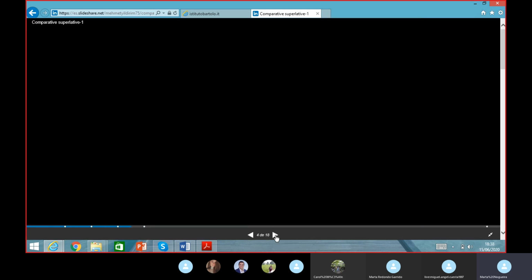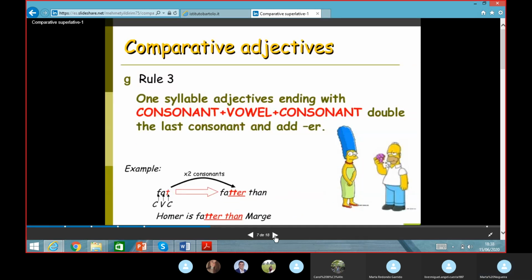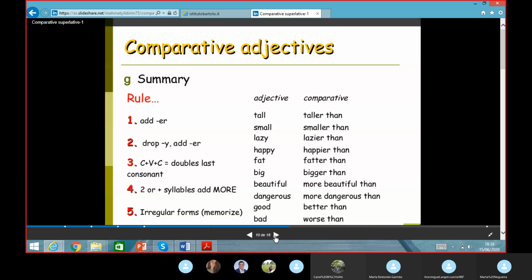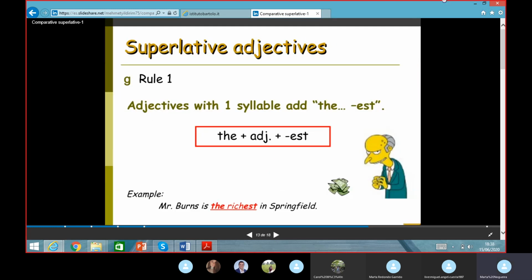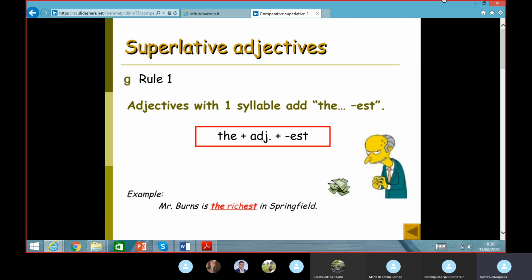Okay, superlatives. I don't know why the mouse is doing this. Let's go to see. In this case, we have adjectives with one syllable. Of course, as Sylvia commented before, we have exceptions, okay, guys?